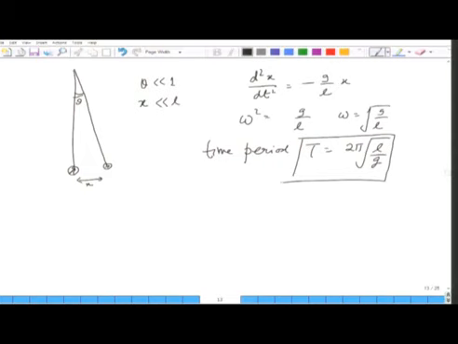Notice that the time period does not depend on the mass of the bob, the mass that you are hanging at the end of the string. It depends only on the length of the string.